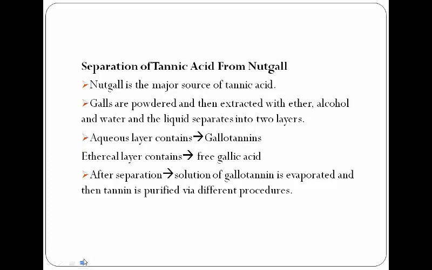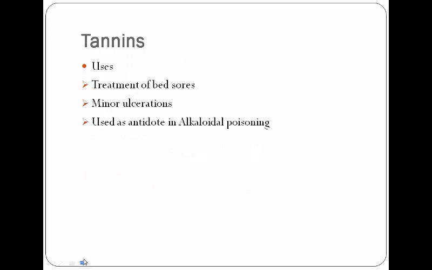After separation, the solution of gallotannins is evaporated, and the tannin is purified by different procedures, and thus we obtain tannic acid from nutgall. Tannic acid is used in the treatment of bed sores and minor ulceration, and also as an antidote in alkaloidal poisoning because it precipitates the alkaloid.